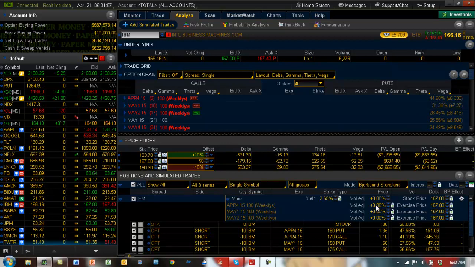So you want to adjust the volatility of the April 4 weekly to minus 25%. Then the May 1 weekly, which is this one right here, you want to also drop to about 20%. So that will drop by about 11%.